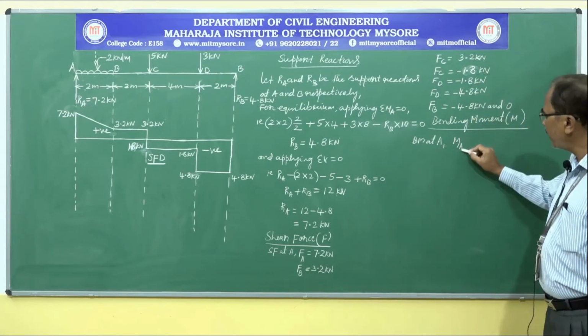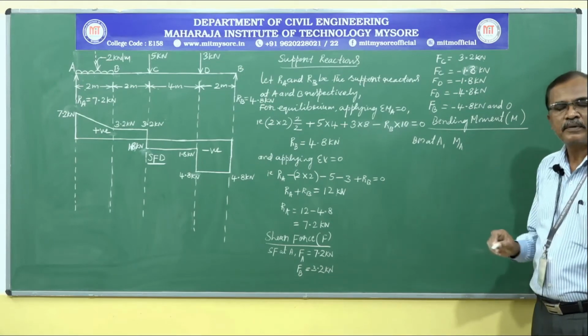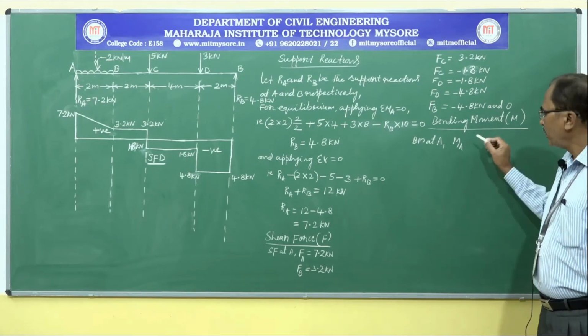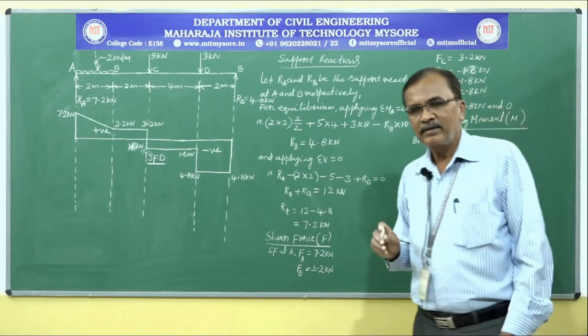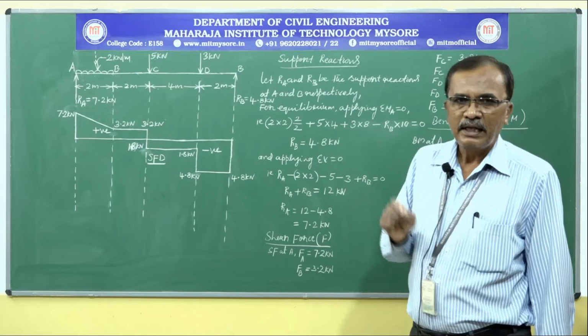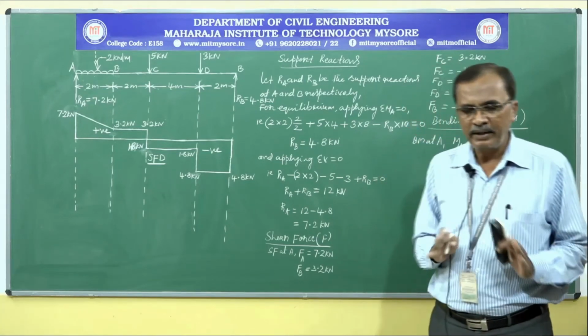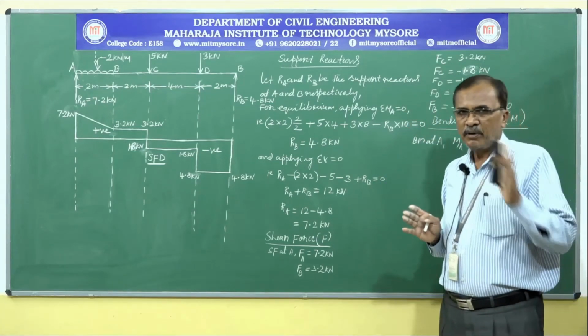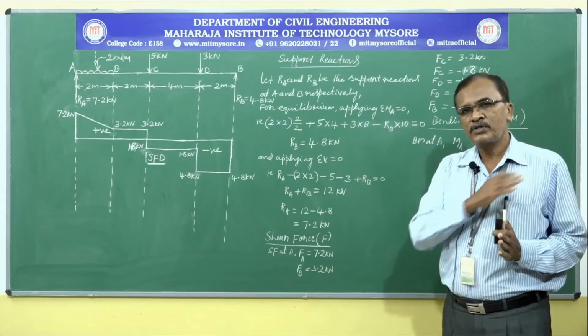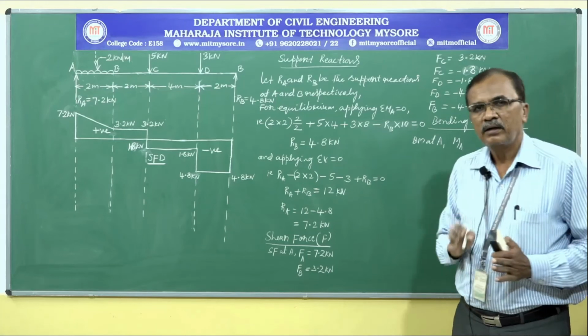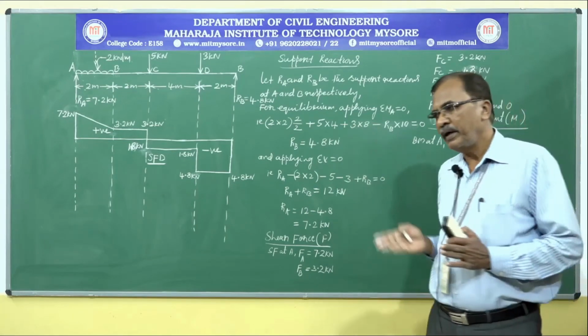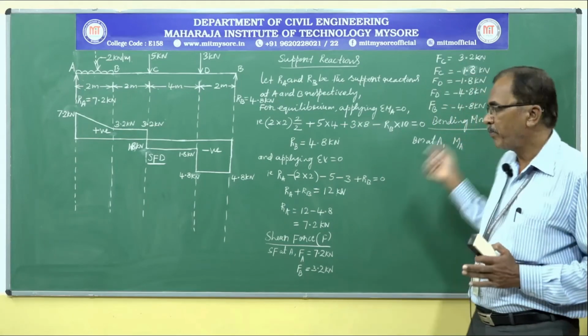M stands for bending moment and A stands for point A. Let us recall how to calculate bending moment that we already discussed. In order to calculate bending moment at a point, it is the algebraic sum of moment of all the forces to the left of the point or to the right of the point considered.